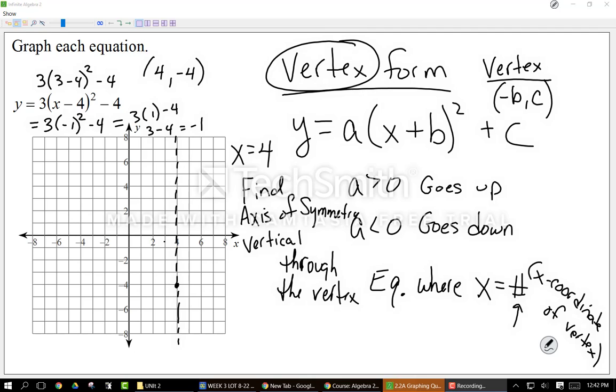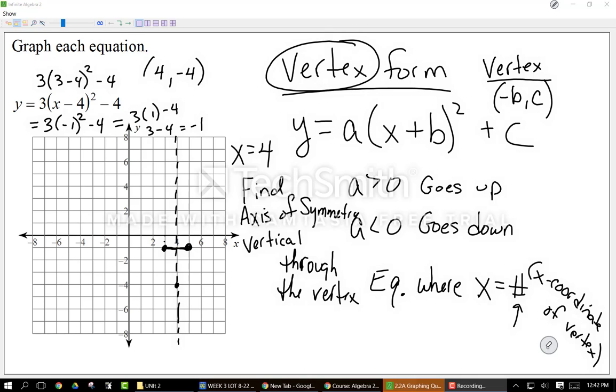So if I plugged in 3, I got negative 1. Well, because the axis of symmetry is symmetric, that point is 1 unit away from the axis of symmetry, so I have to go 1 unit away to the other side, and that is also my reflected point, reflecting it over.